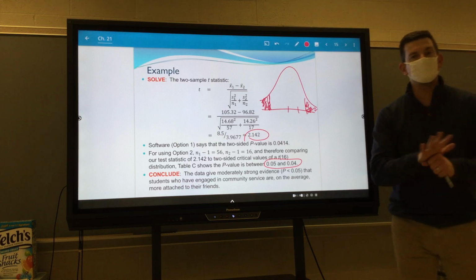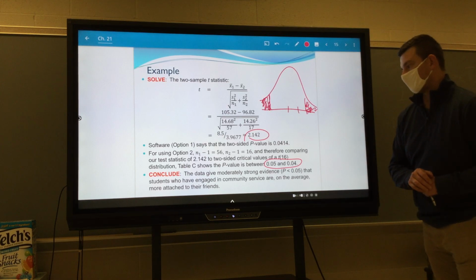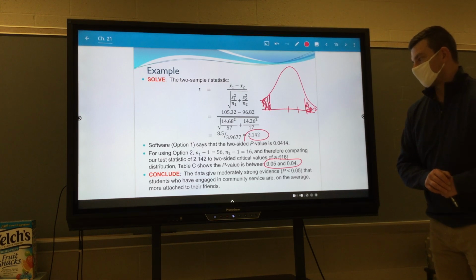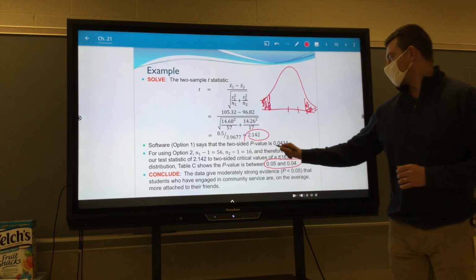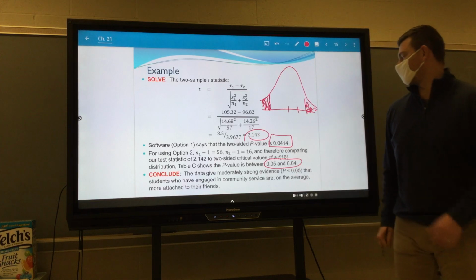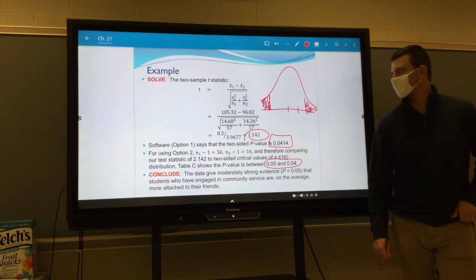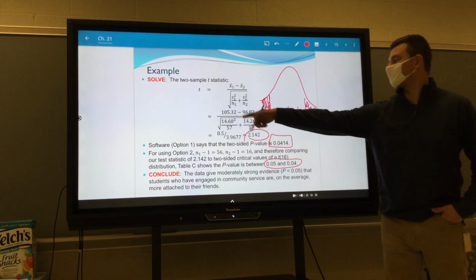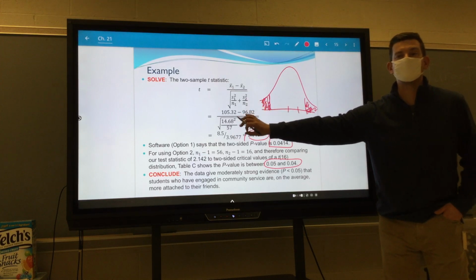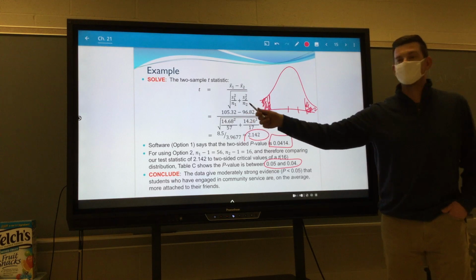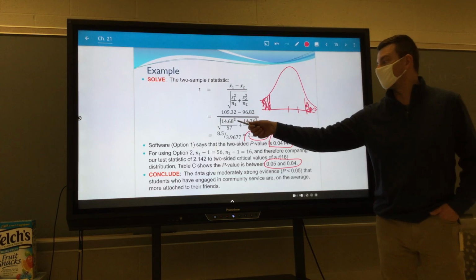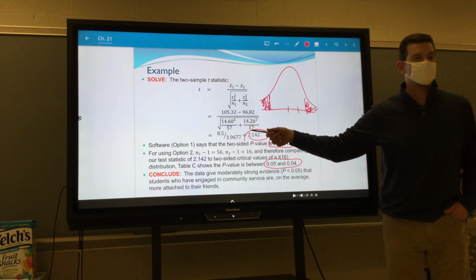We can be more precise if we use the technology, though. If we put this into the calculator or into GeoGebra, we get our exact p-value as 0.0414. And we didn't do all this stuff here, and we didn't have the chance of making a mistake, either with inserting the values, or, I will say, I see a lot of mistakes with people messing up the order of operations here.